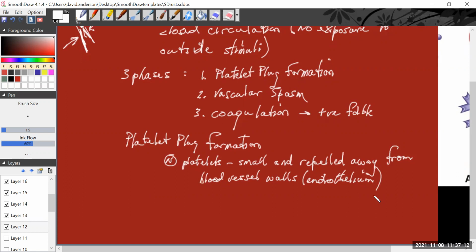It's a type of epithelium. It's inside endothelium. So normally platelets are repelled from the endothelium.